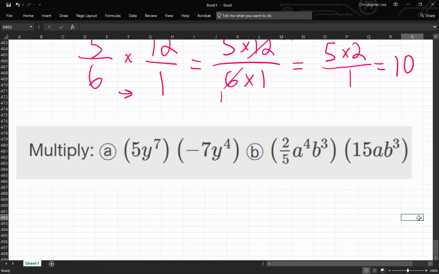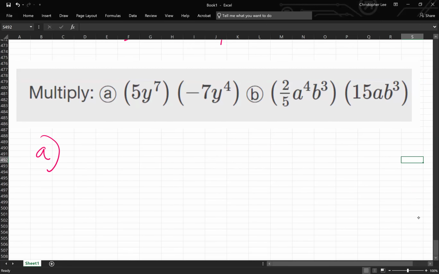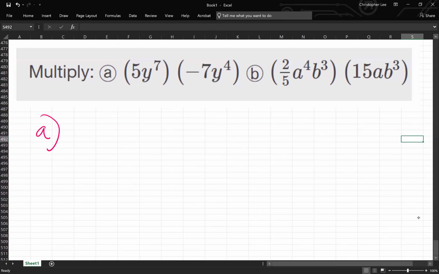All right, we got the answer for this. What's the answer for A? But you could do it in your head. Remember, numbers with numbers, variables with variables. So what's 5 times negative 7?